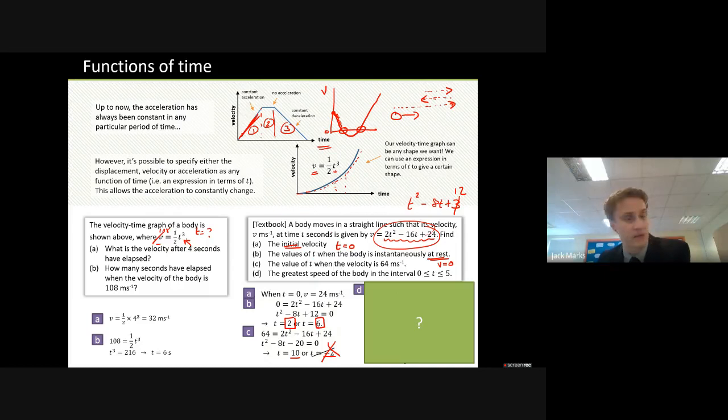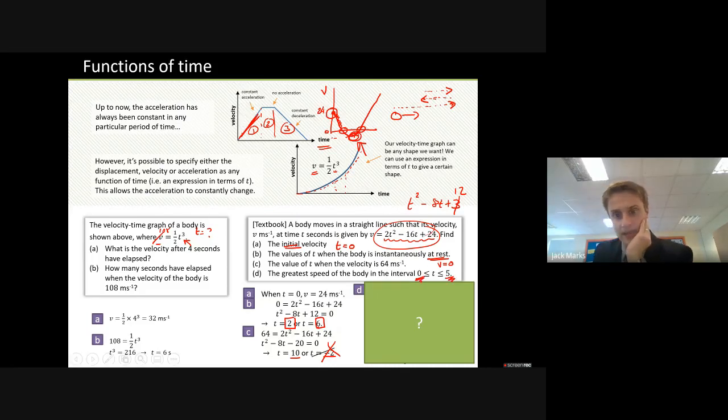And finally, the greatest speed of the body in the interval 0 to 5. Well, that's 0, and here is 5 here. Now, the problem is, I know that's 24. I know that's 0. I don't actually know the speed at that point there. I know it has a negative velocity, but I need to work out this minimum point here. So if you have an interval, my general advice would be find the start, find the end, and find any turning points in between.